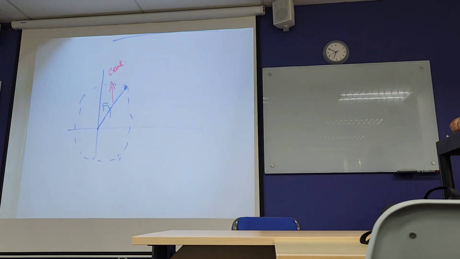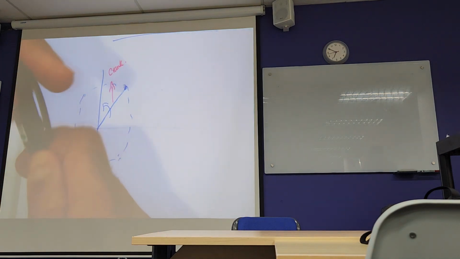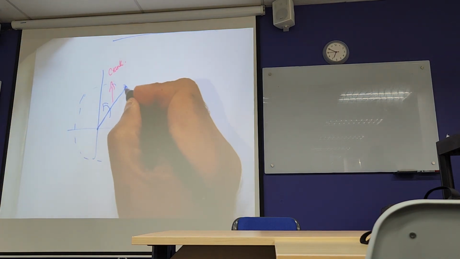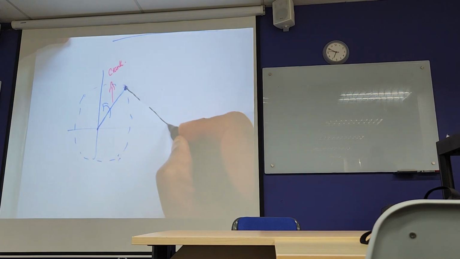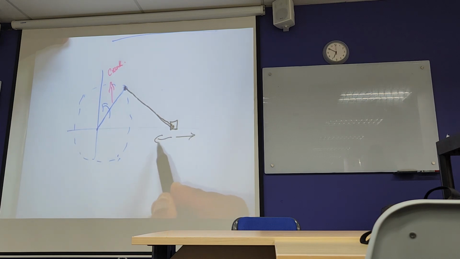Now the crank is connected through a link. This is a pin joint, so it is connected to a link, and this, let us say, is a piston. Depending on the rotation, the piston can move either way.